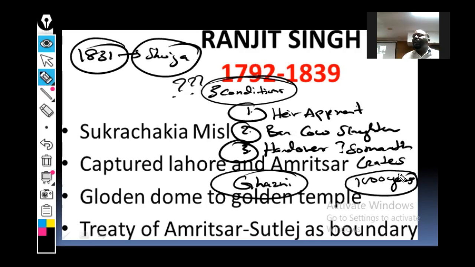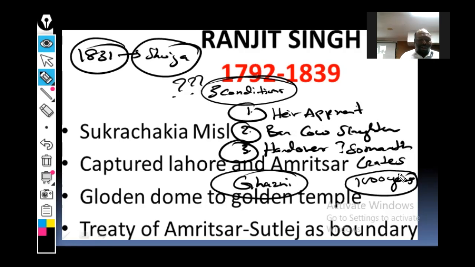So what he does, Shah Shuja Durrani again escaped to Ludhiana to the British. So you can see that Ranjit Singh was able to extract more and more from Shah Shuja Durrani. By 1831, Ranjit Singh offers 3 conditions, but these conditions were preposterous, and this would reduce the position of Shah Shuja Durrani to the stature of a vassal state of the Maharaja.